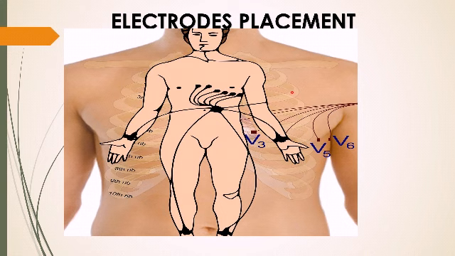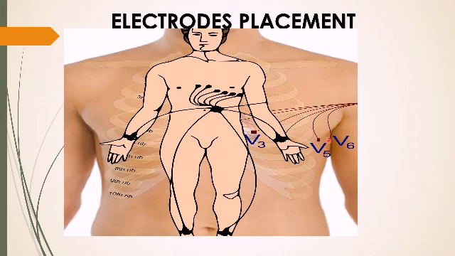On this big diagram, you can see it clearly. V5, you see? Anterior axillary line. It is at the edge of this big muscle on the chest, which we call pectoralis major. So at its lateral edge, that is where you place the C5 electrode.